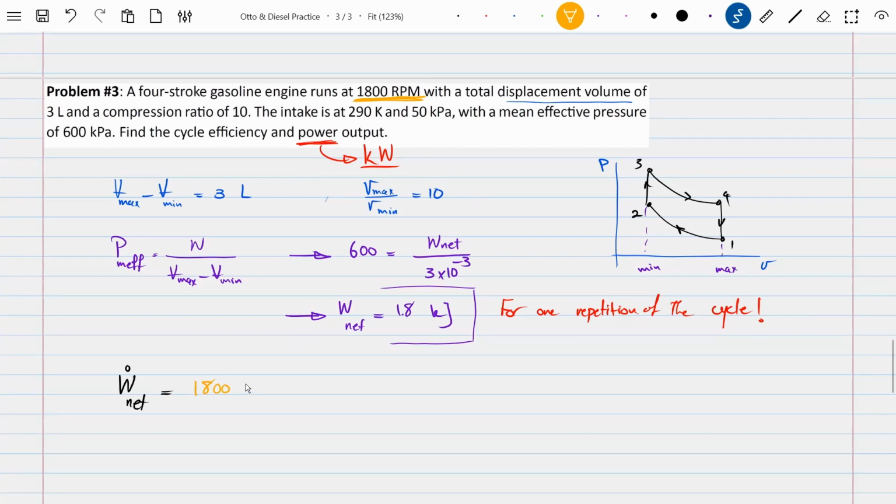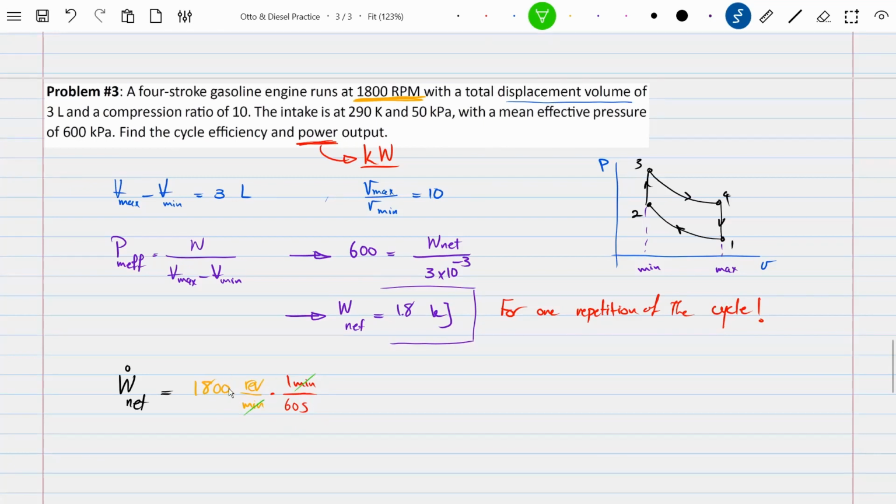So I can say, hey, 1800 RPM, I'm going to write it as rev per minute. And then I'm going to multiply this by minute over 60 seconds. If I do this, you can easily see that I can change the RPM to RPS, revolutions per second.